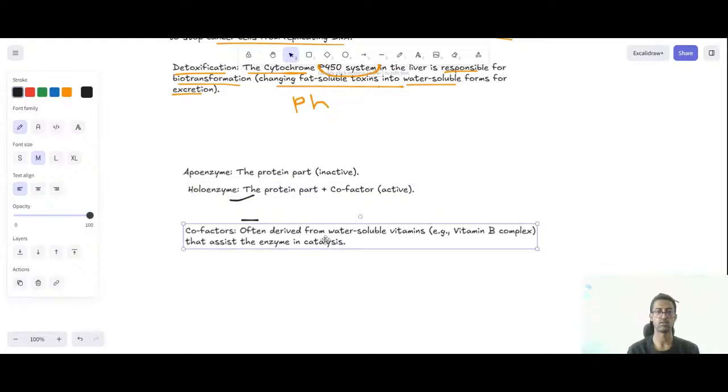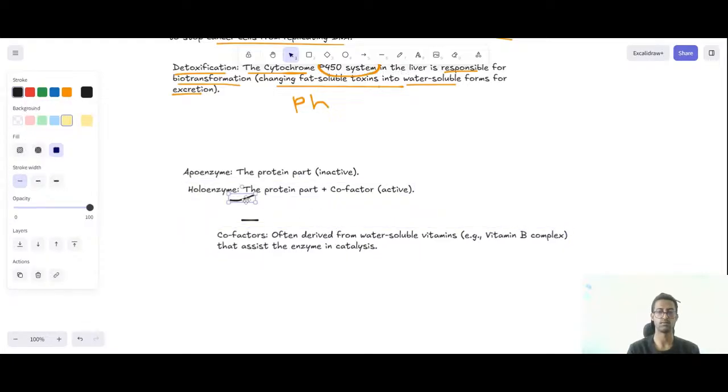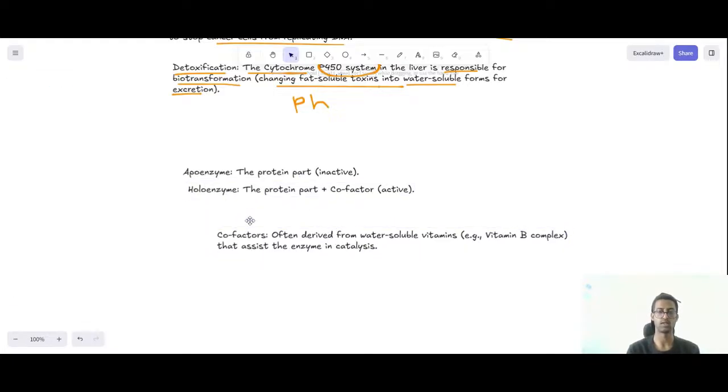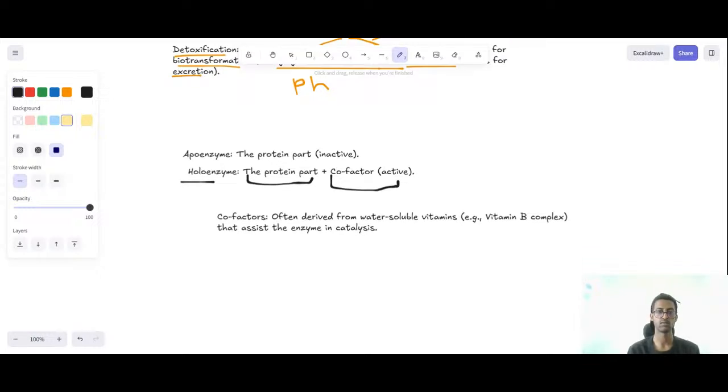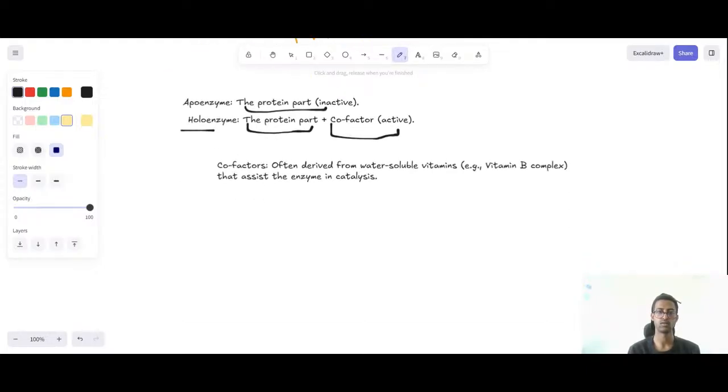The protein part plus the cofactor is the whole enzyme, but apoenzyme is only the protein part. But the cofactor is often derived from water soluble vitamins, for example vitamin B complex, that assist the enzyme in catalysis.